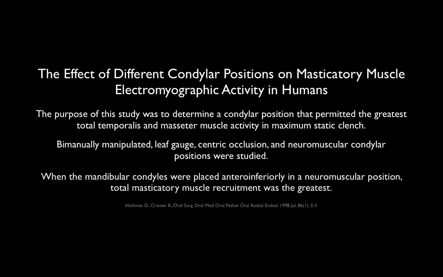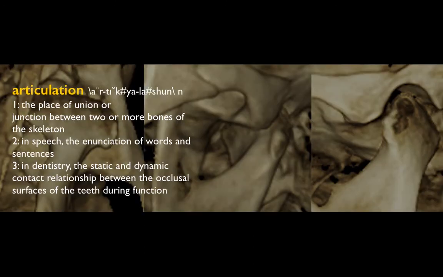And what they found is when the condyles were placed anterior-inferiorly in the neuromuscular position, the total muscle recruitment was the greatest. Now, they claim that this is a good thing because it shows healthy muscles. I claim, and I would think that most would agree, that this isn't necessarily the best thing you want to do to your restorations.